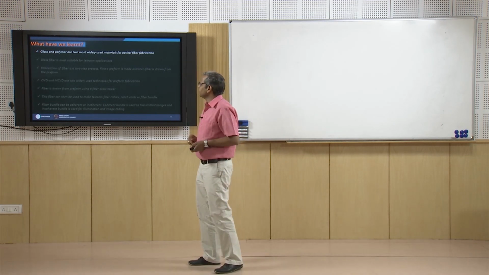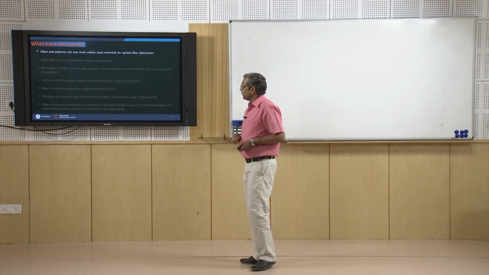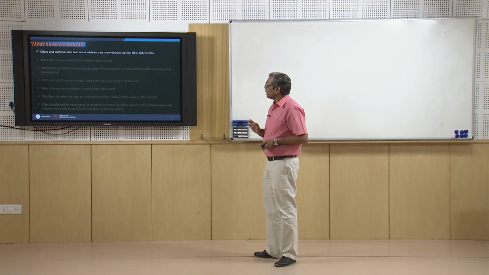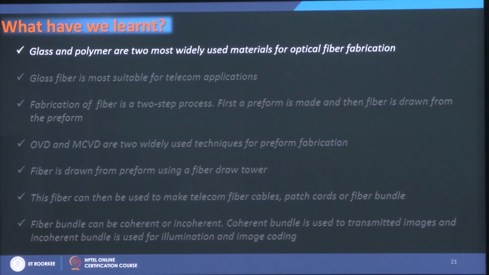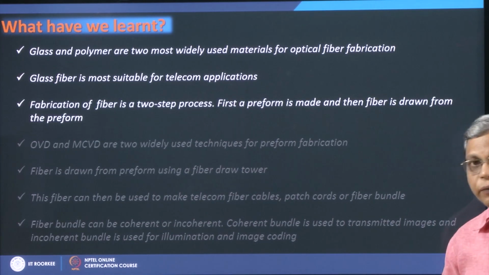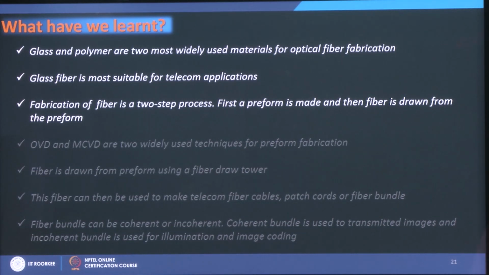So, what we have learnt in this lecture is that glass and polymers are two widely used materials for making optical fibers for diversified applications. Glass fiber is most suitable for telecom applications. Fabrication of fiber is a two-step process. First you make a preform and then you draw fiber out of it.